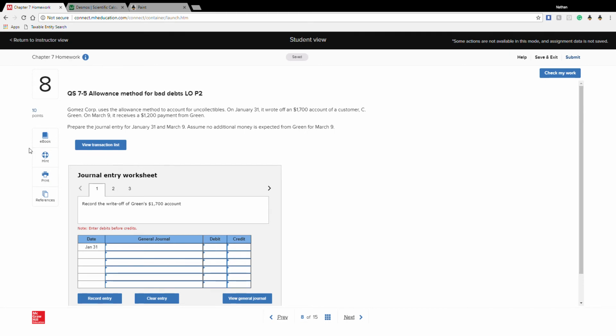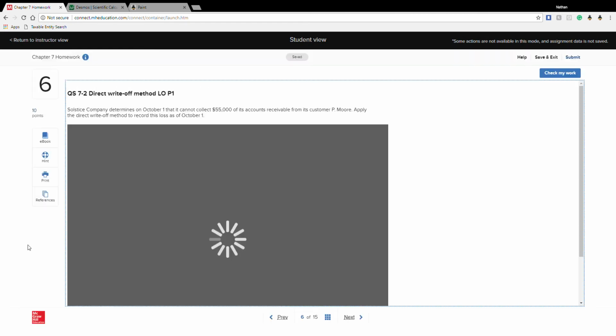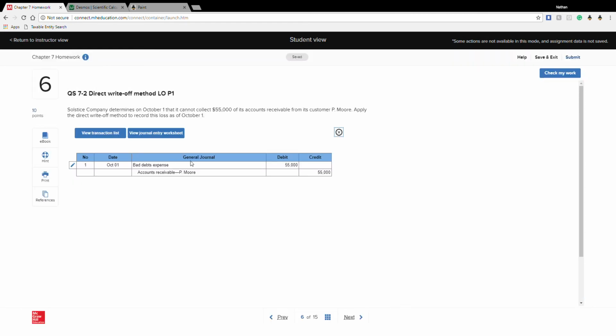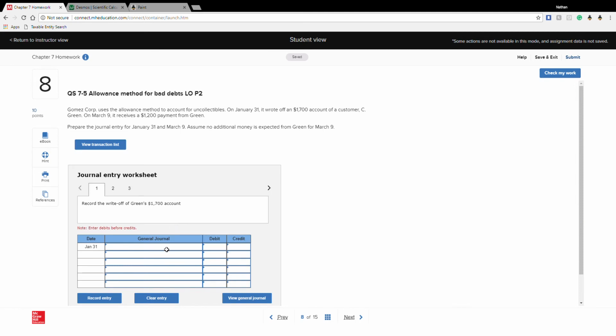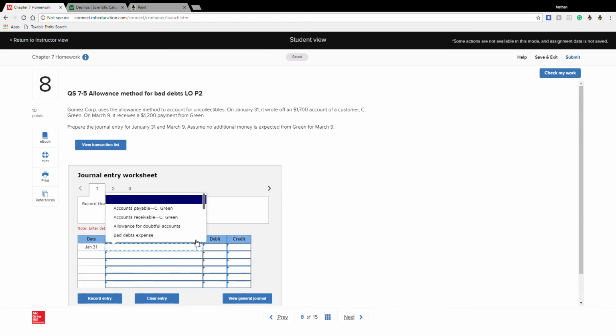Now again, you do have your hint button over here if it helps you. But for us, let's go through. So we're doing the allowance for doubtful accounts. So it's going to look similar to the way question 6 is when we write something off. Okay, so going back to question 6, it's going to look something like this journal entry. But since it's the allowance method, we put ADA right here where bad debt expense is. Okay? The allowance one is the one that's the flow through, not bad debt expense.